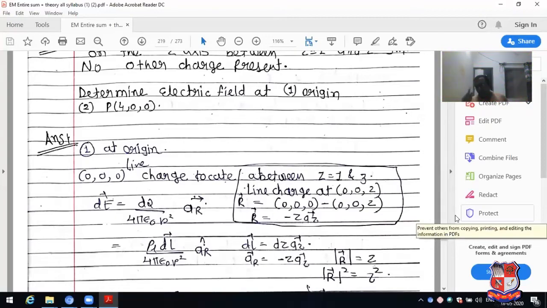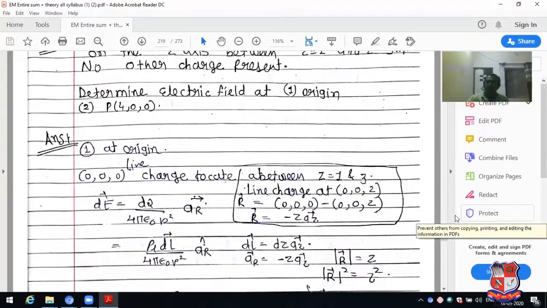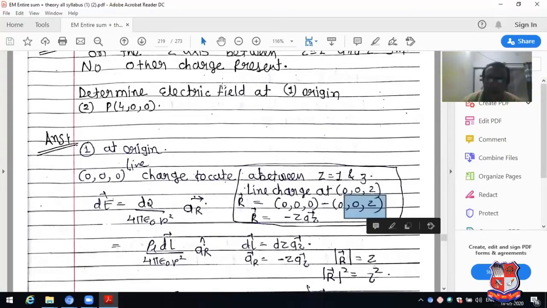The charge is distributed on the line that starts from z equal to 1 to 3. So the line charge is present only on the z-axis. That's why we can consider it as 0, 0, z and 0, 0, 0. So r is minus z aZ, and the magnitude of r equals z. Why?